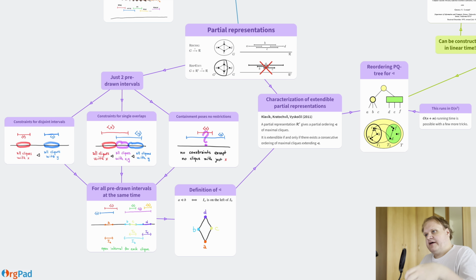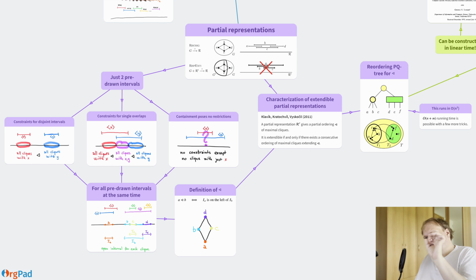Just think about it, we start with a partial representation, and then we use some constraints in it to build a partial ordering of maximal cliques, which is actually described by another interval representation. So there are two types of interval representations, one on the vertices, and the other interval representation is on maximal cliques.